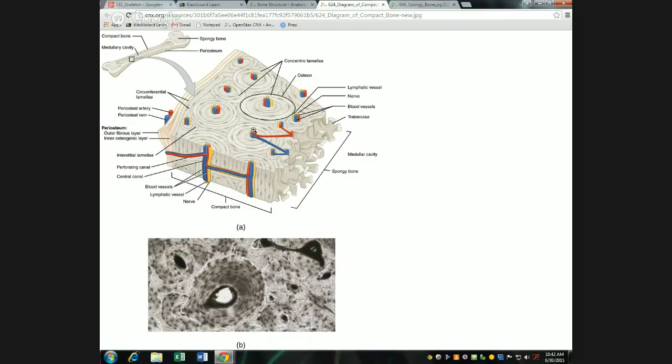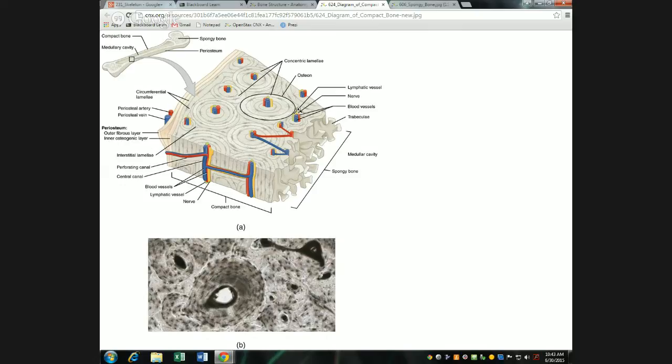And then filling in the gaps between the very circular osteons are additional layers that aren't surrounding anything, they're just filler layers of tissue. And then the outside surface of the bone is surrounded by continuous layers that go all the way around the bone. The layers that are within an osteon are called concentric lamellae because they all have a single center, which is the center of the osteon.